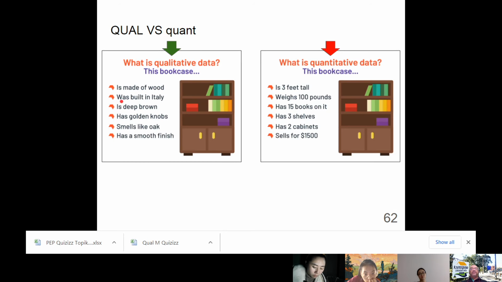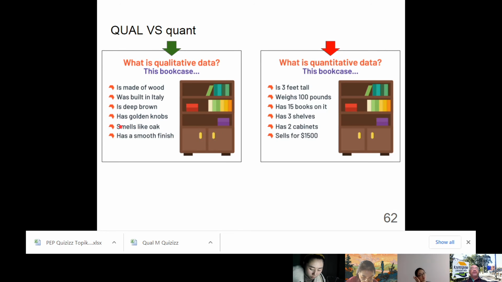Second finding, it was built in Italy, so the origin of the bookcase is Italy. Finding number three, it is a deep brown. Not just brown, but deep brown, very brown. Finding number four, it has golden notes, so the color is golden.